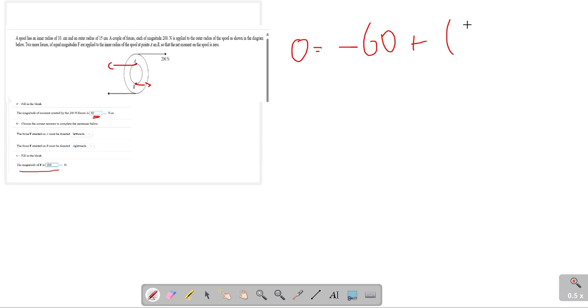Alright, so force is unknown, and the distance here, we already know this radius is 10 and we want the diameter, so it's going to be force times 10 centimeters, we change it to meters, again 0.1, and then we push it to the other side. 60 is equal to F, oh sorry, this is 10 and this 10, so this has to be 20.